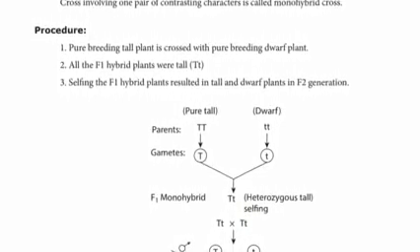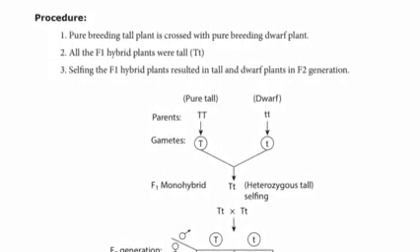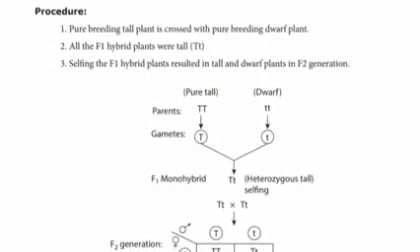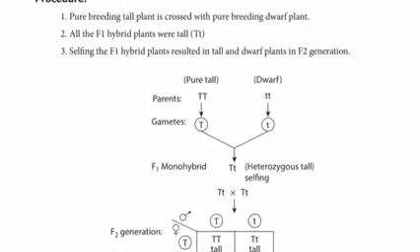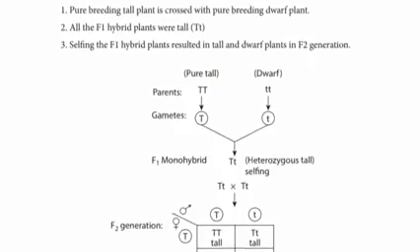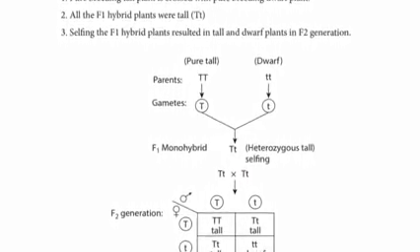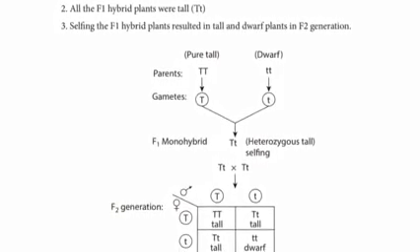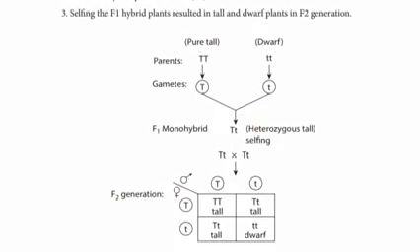The definition: a cross involving one pair of contrasting characters is called a monohybrid cross. The procedure: Mendel took a pure homozygous tall plant and crossed it with a pure breeding dwarf plant, producing gametes. The gametes fuse together and produce the F1 generation.